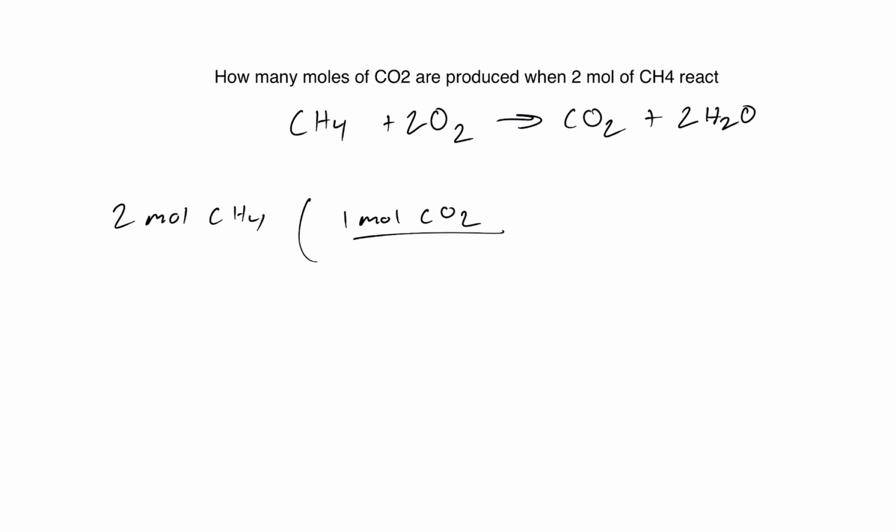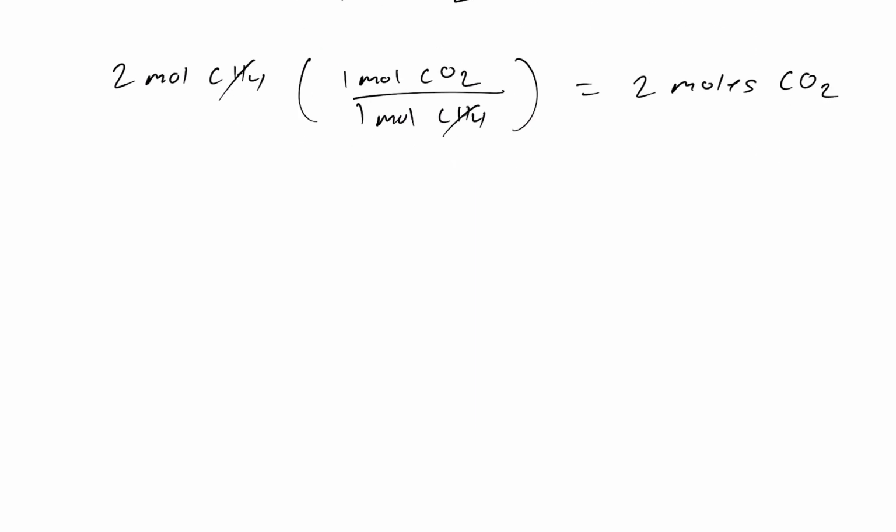Our known mole on the bottom is going to be 1 mole of CH4. We can see here the CH4s will cancel, and 2 times 1 is going to be 2 moles of CO2. The CH4s cancel.